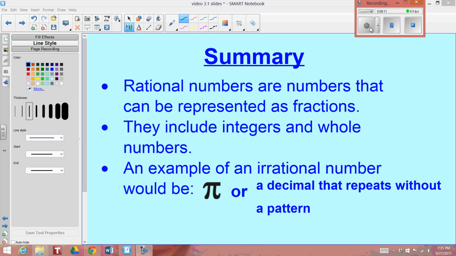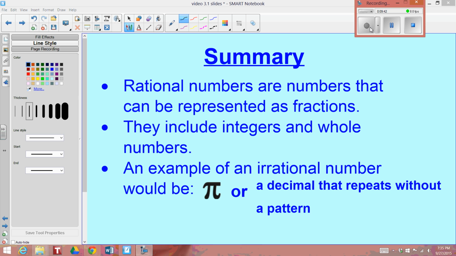All right, so let's summarize this lesson about rational numbers. Rational numbers are numbers that can be represented as fractions. And always keep in mind that they include integers and whole numbers where the denominator is not 0. And those numbers that are not rational, if you cannot put it in fraction form where the numerator and denominator are integers and whole numbers, then it's called irrational.